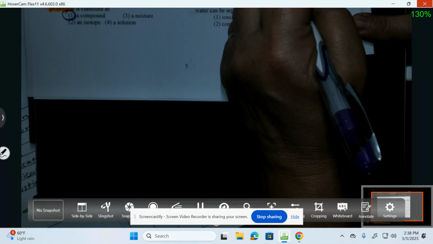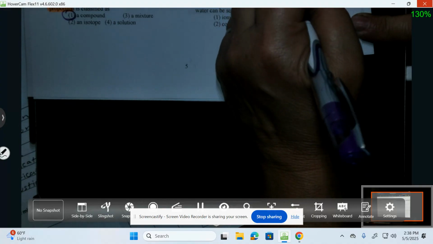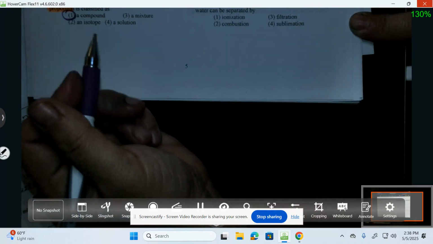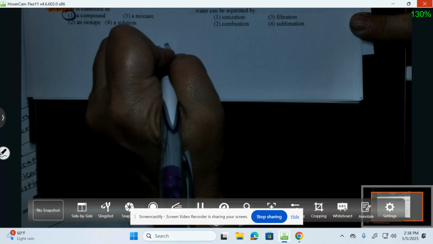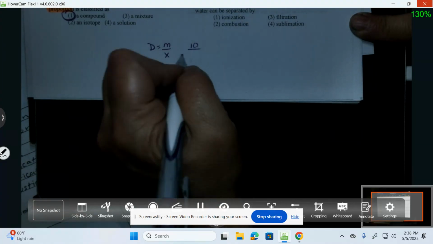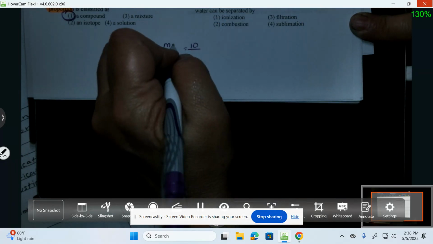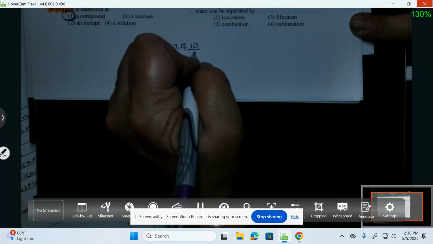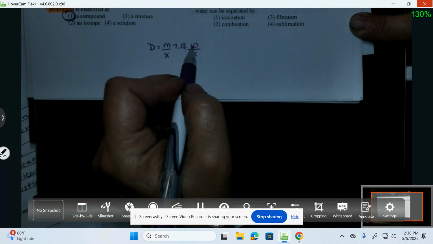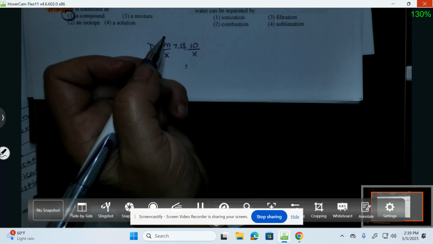And zinc? 7.134. Okay. So, density equals mass over volume. Volume is X. Mass is going to be 10. Let's do the zinc first. 7.13. Okay? 10 divided by 7.13 is going to be a little bit above 1.